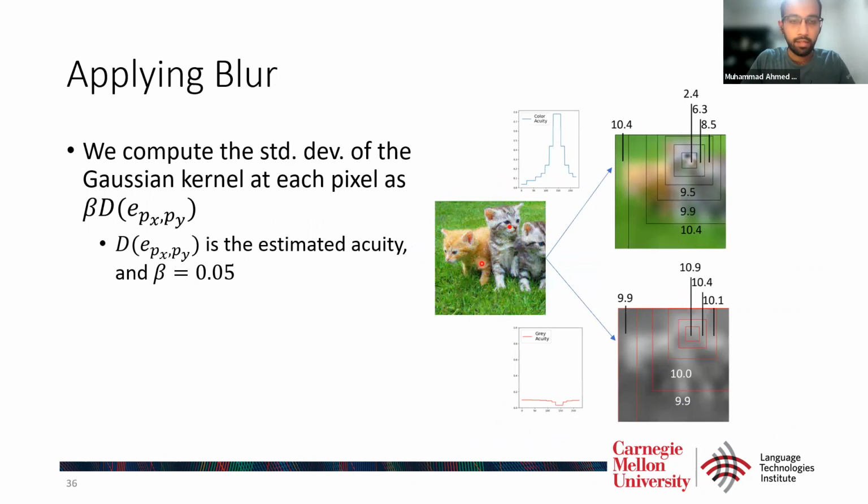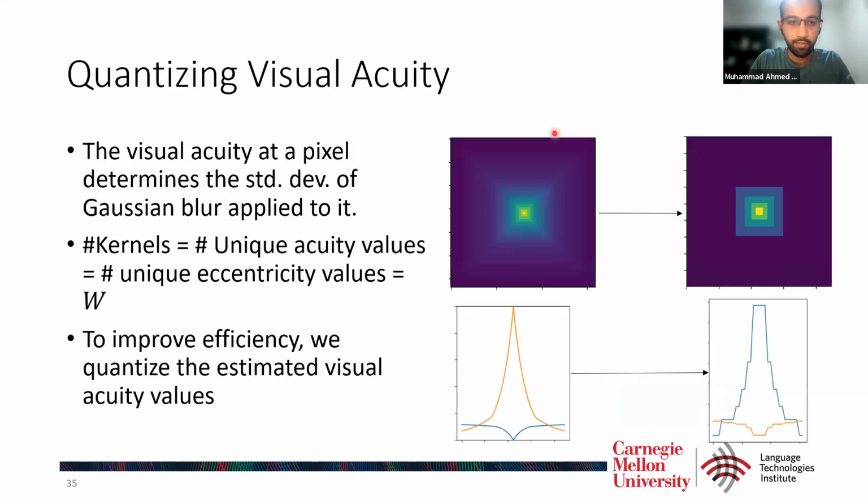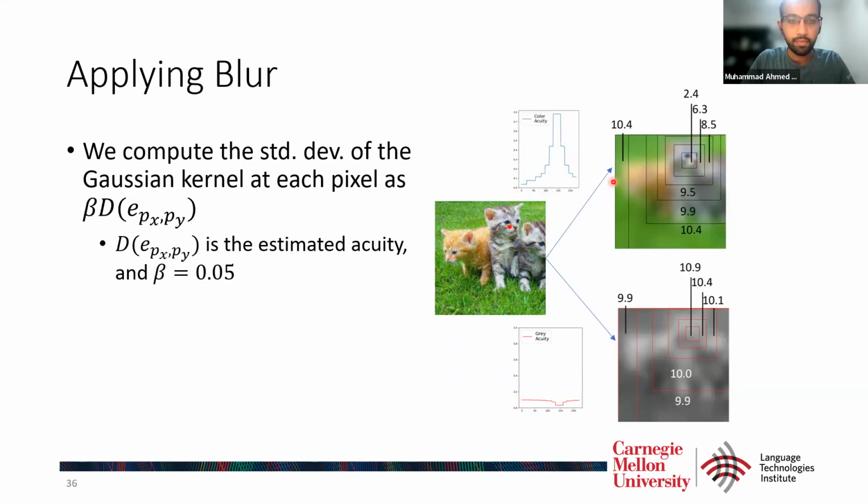We take this image, which has some Gaussian noise added to it. We separate it into color and gray channels. We use the visual acuity estimate of the cones, or the color vision, this curve, to blur this image, and then we use the visual acuity estimate of the grayscale vision, or the rods, to blur this image.